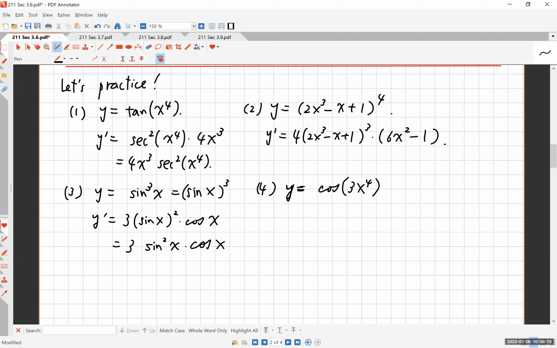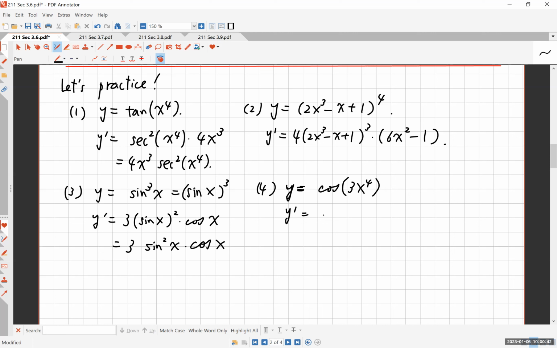Okay, what is the inside function? It is 3x to the fourth, because that's the first thing you do to x. You take the fourth power and multiply that by 3. And then you take the cosine of that result. So the cosine function is the outside function. Pause and come back when you think you got the answer.